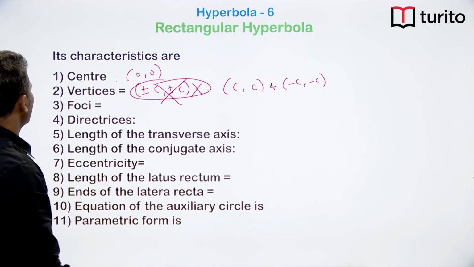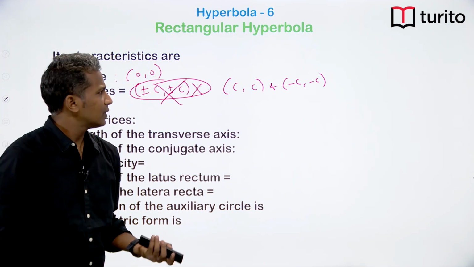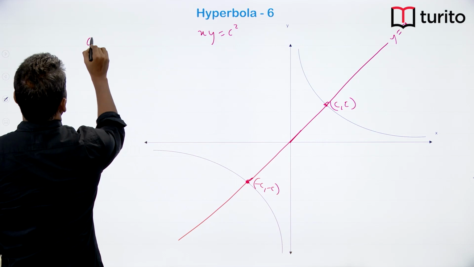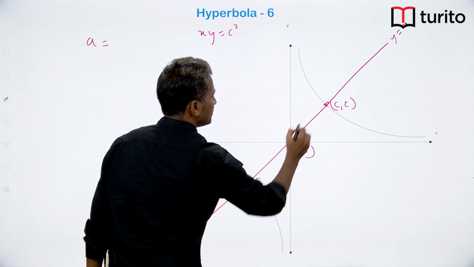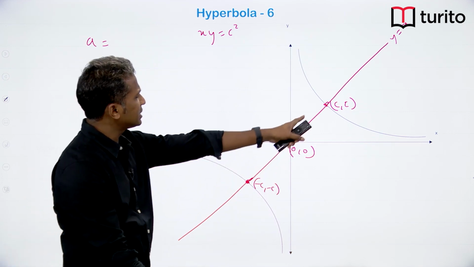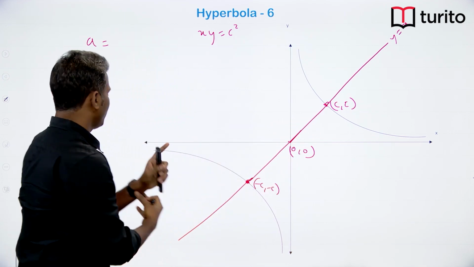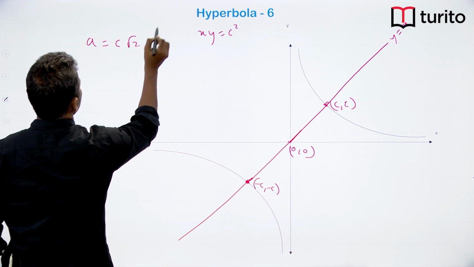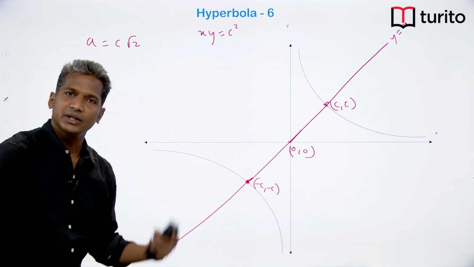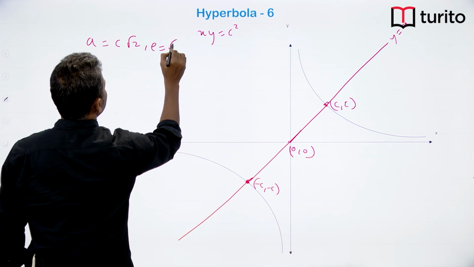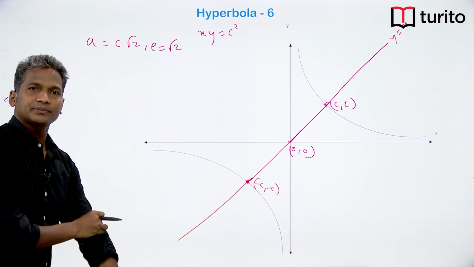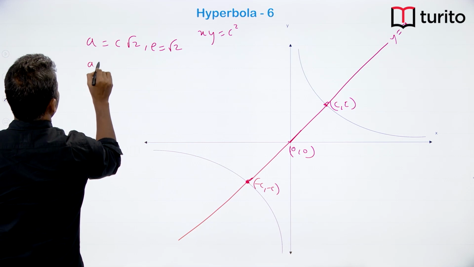Okay. Next, what are the foci? We know that the value of a here is the distance of the vertex from the center. So, what is the distance of this point from here? It is going to be c root 2. So, if a is c root 2 and we know that the value of eccentricity is basically root 2 only, what will be AE?